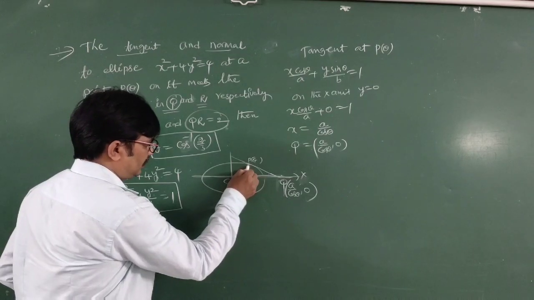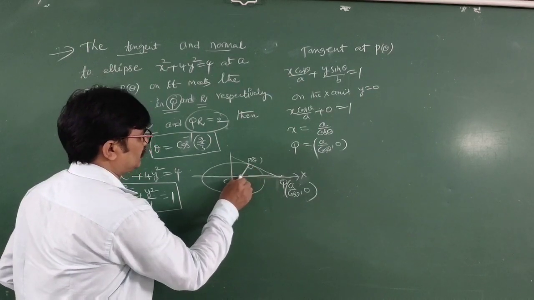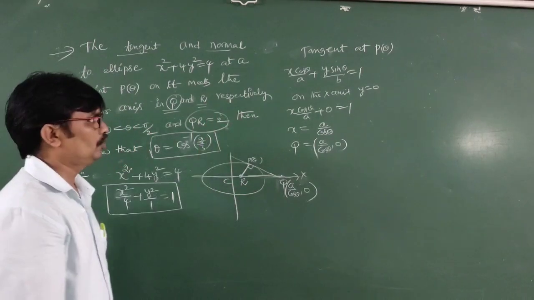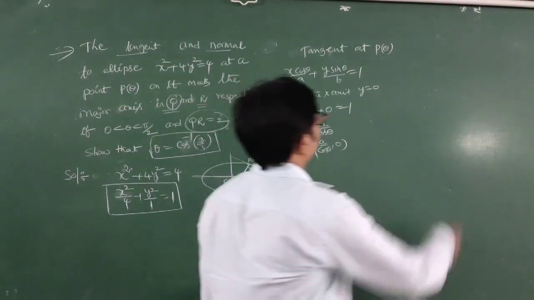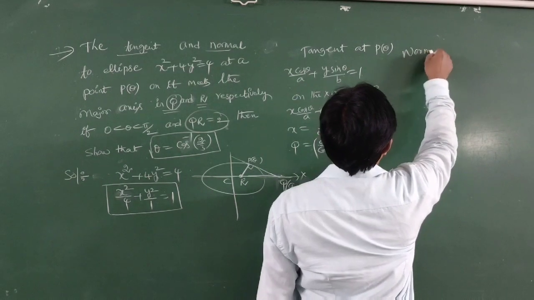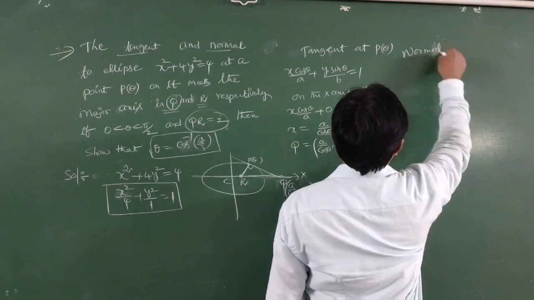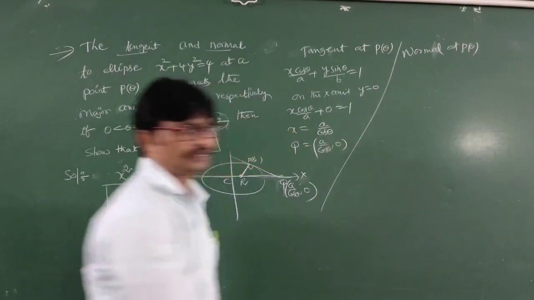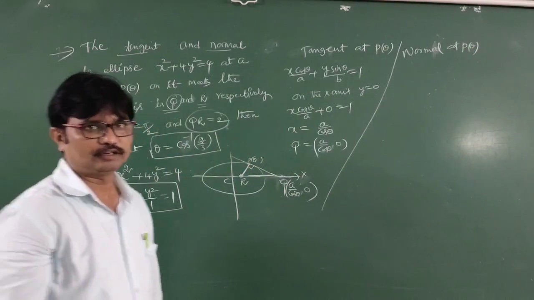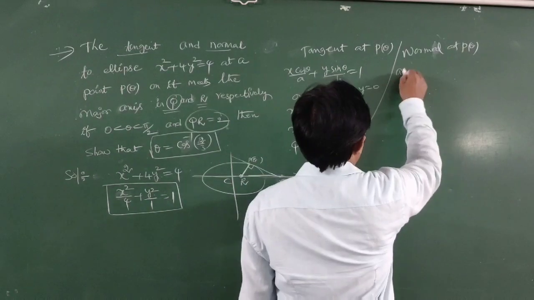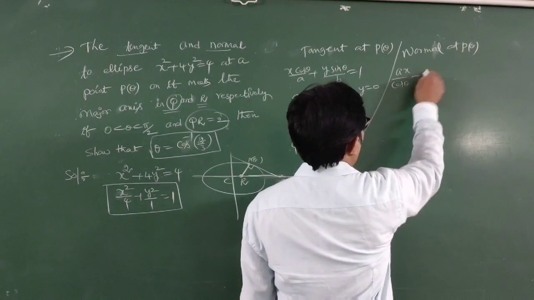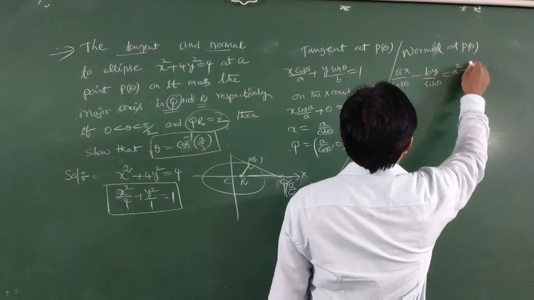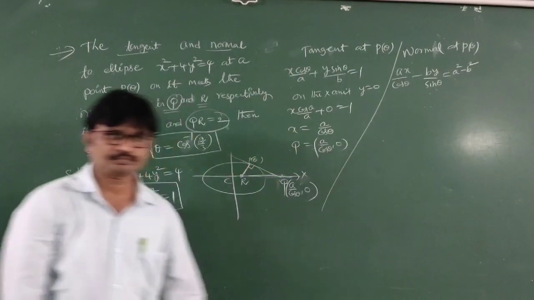My dear students, now this is the normal. The normal at P theta meets the major axis at R. The equation of the normal at P theta to the ellipse is ax by cos theta minus by sin theta equal to a square minus b square.